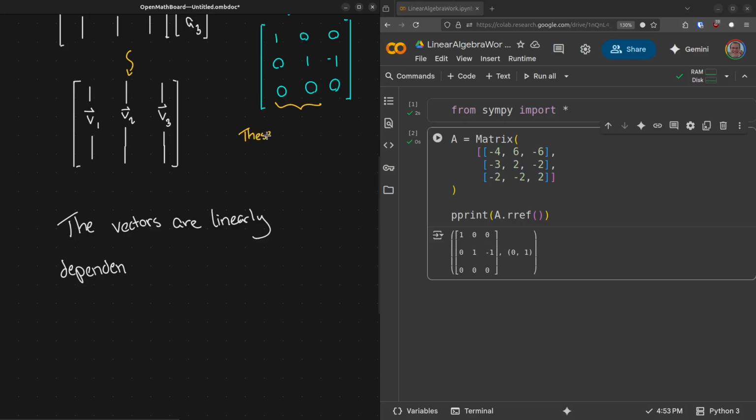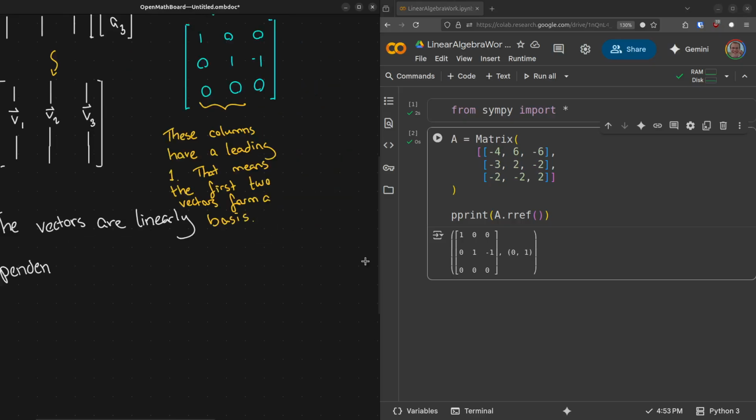These columns have a leading one. That means the first two vectors are not redundant. Because I have a leading one in the first column and the second column. That's the first two vectors. Those two vectors form a basis. Let's put it that way. Okay.